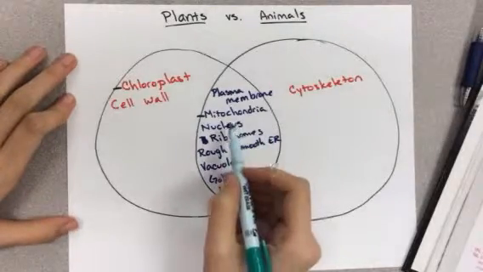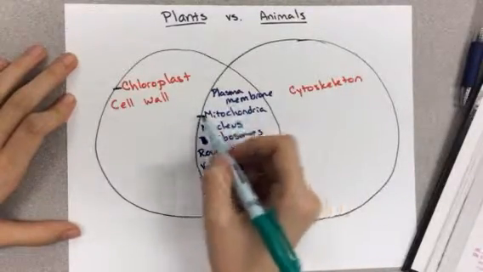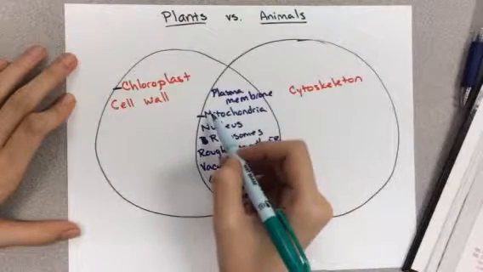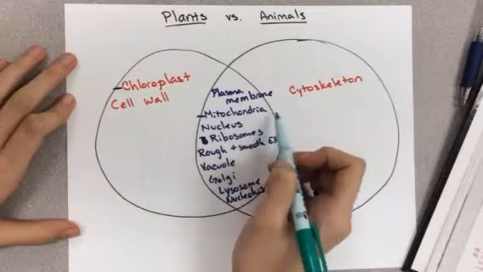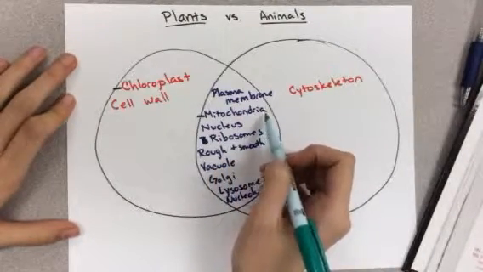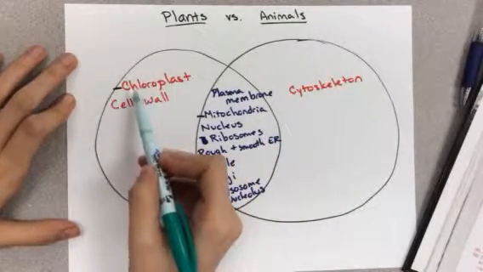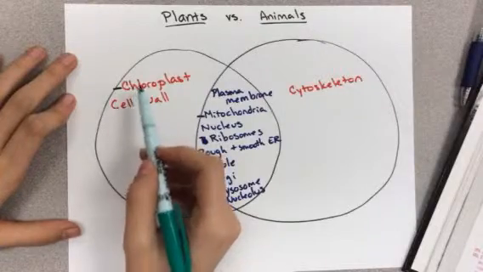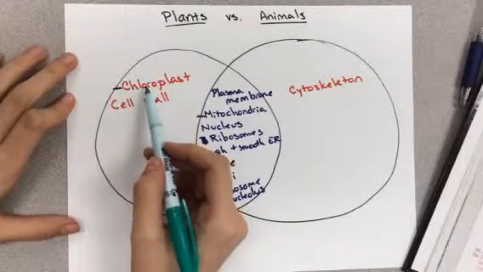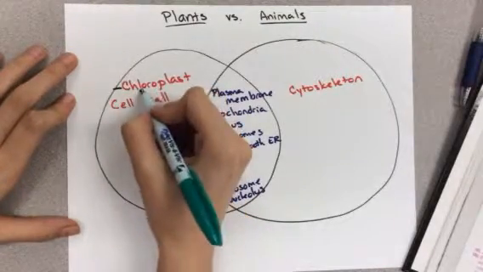However, that's not true. All cells have mitochondria because all cells need to be able to take food and break it down into energy. It's simply that chloroplasts are found in plants. So plants are able to make that food to begin with. And they make that food by photosynthesis.